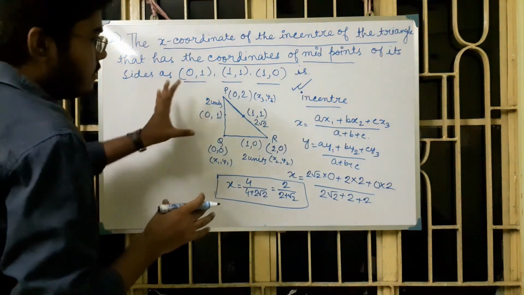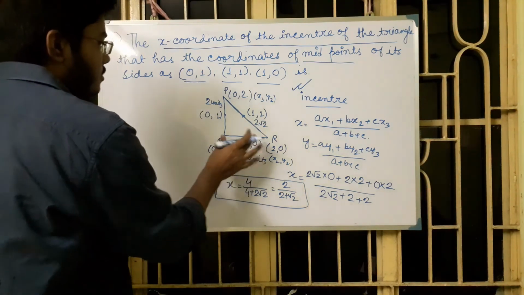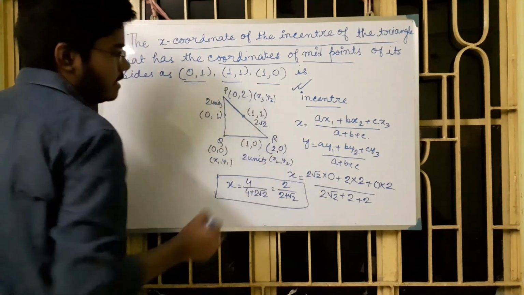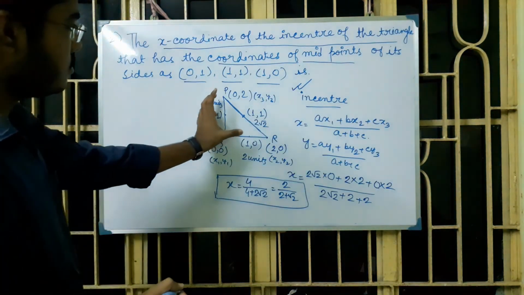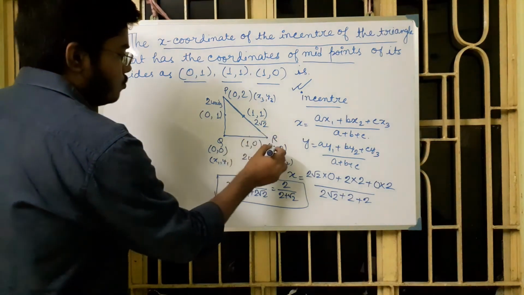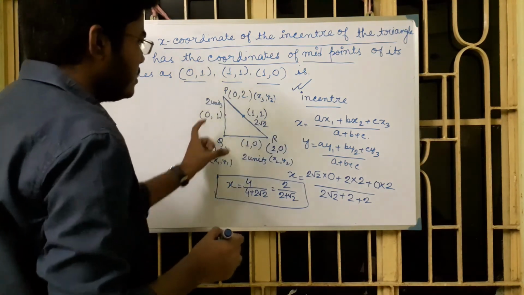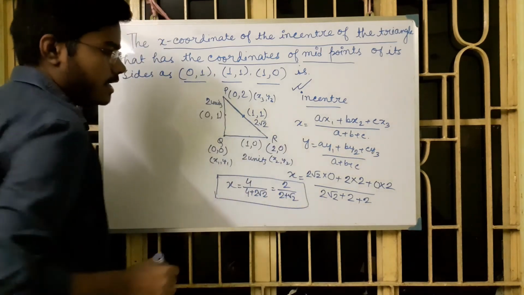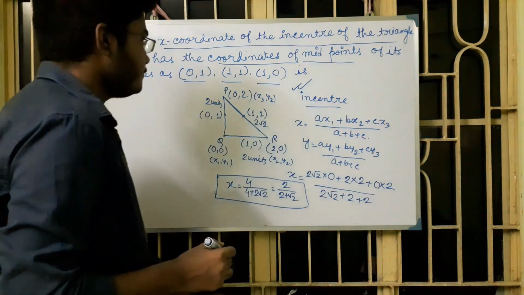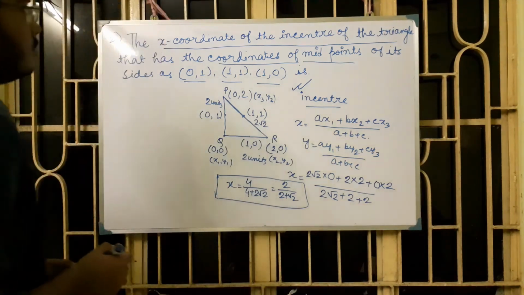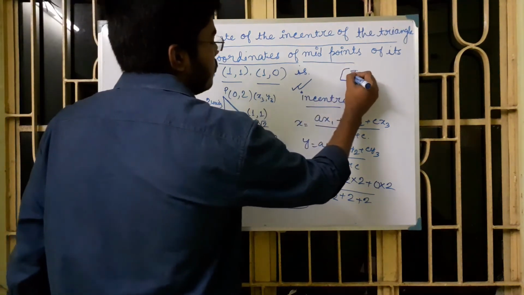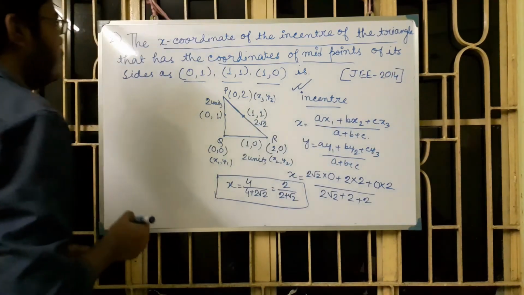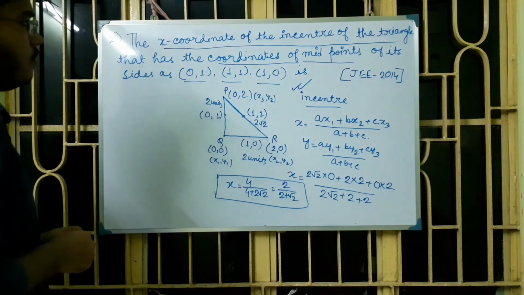So this must be the x axis, this must be the y axis, and this is a line which passes through 2, 0 and 0, 2, that is x plus y equal to 2. The straight line is x plus y equal to 2. Okay, so this question is from JEE 2014. Easy problem on straight line. Okay, so that's it.